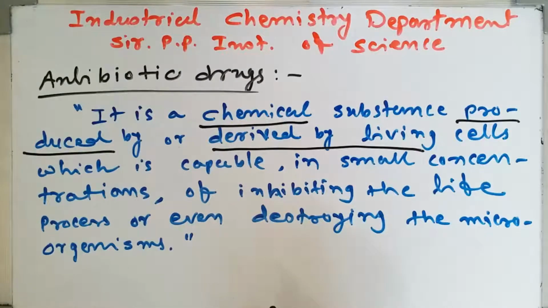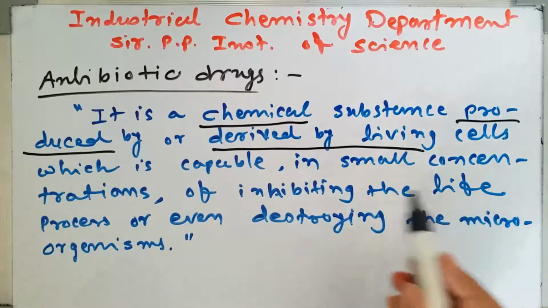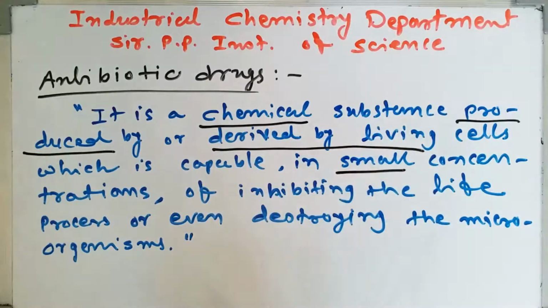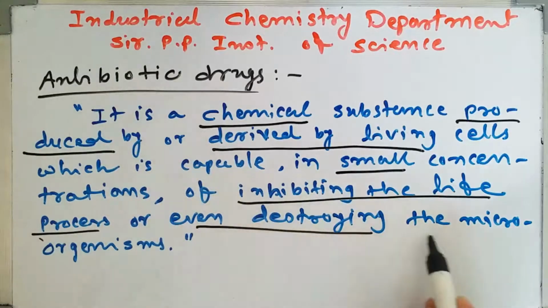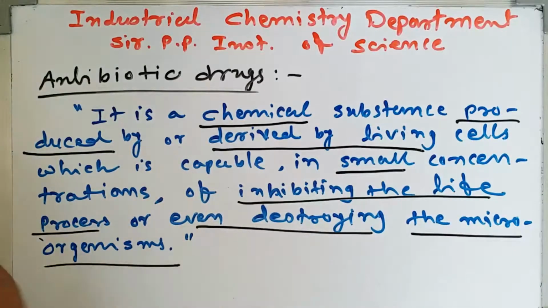So we synthesize it or we get it by biochemical methods, and it is capable in small concentration, which is a big benefit, of inhibiting the life process or even destroying the microorganisms.